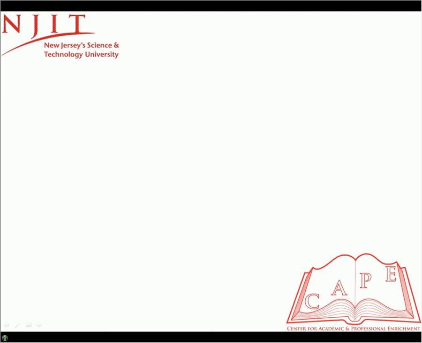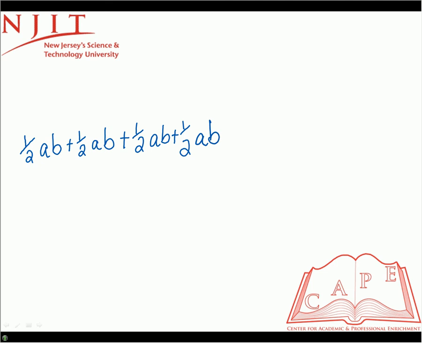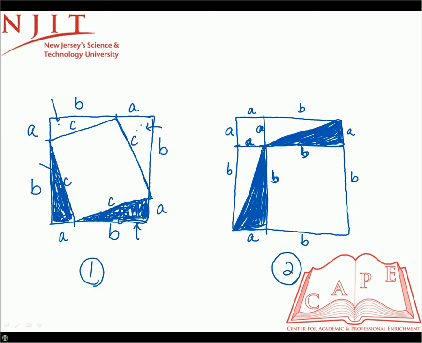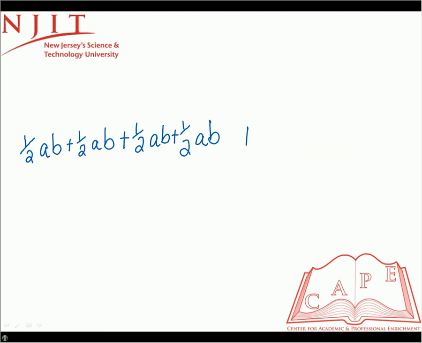So I'm going to write all 4 of them out: 1/2 AB plus 1/2 AB plus 1/2 AB plus 1/2 AB. Those are the 4 triangles, and then all we have left is the big square in the middle, which is the area of a square, which is just c squared. Correct? Okay, so that was for figure 1.